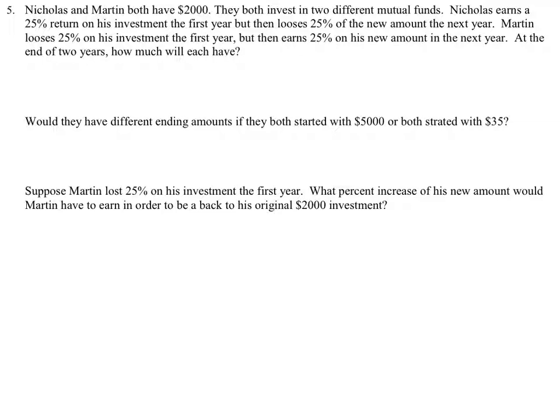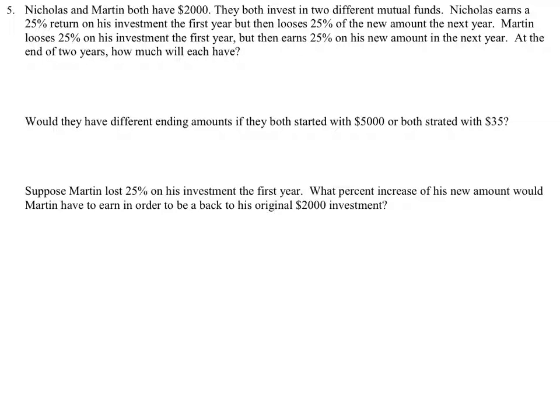Number 5. Nicholas and Martin both have $2,000. They both invest in 2 different mutual funds. Nicholas earns a 25% return on his investment the first year, but then loses 25% of the new amount the next year.